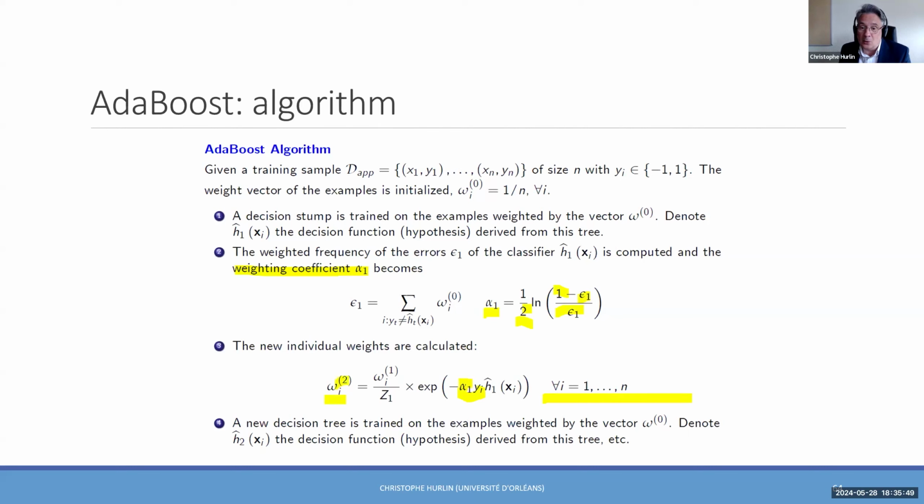The weight at stage 2 is the weight at stage 1 times this formula divided by Z1. You consider this new data set and you train a new decision tree, so a new decision stump, a new model with only one depth.